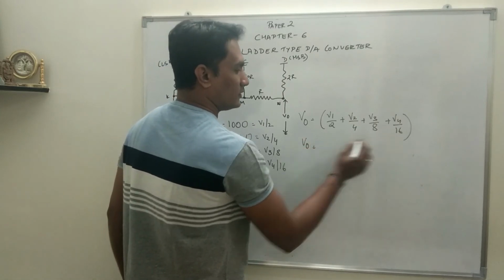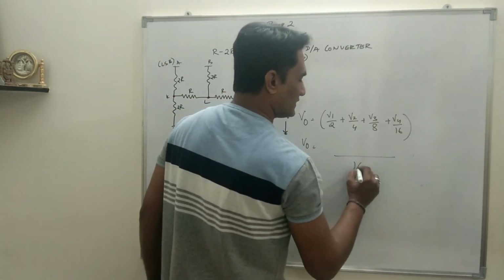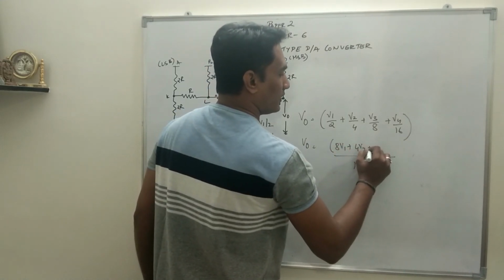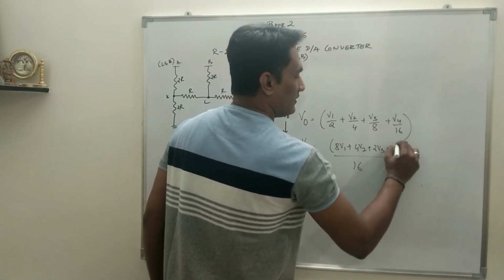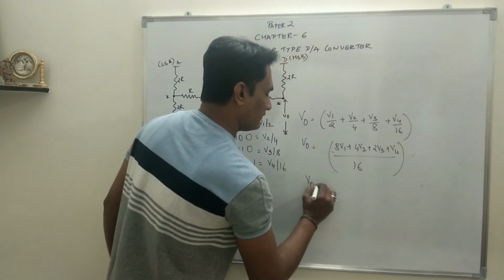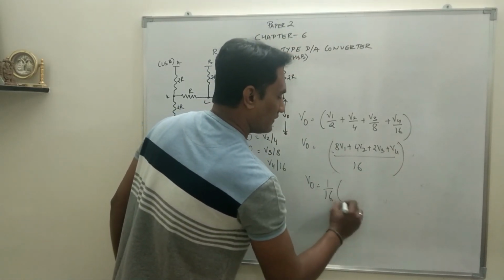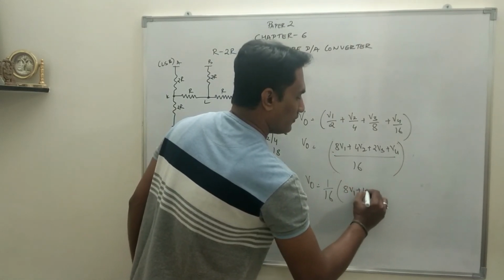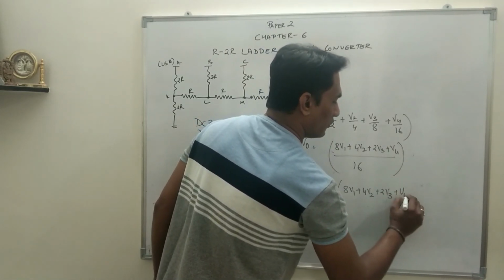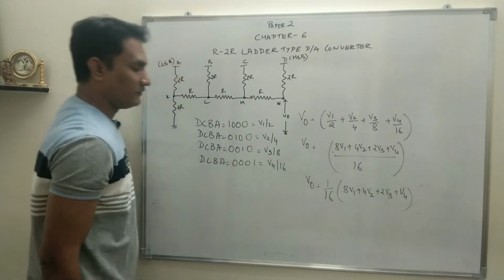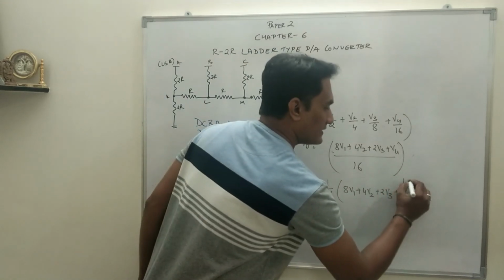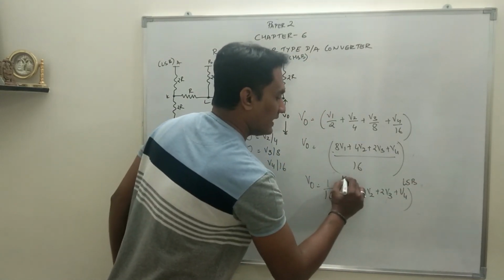If I take 1 by 16 out, the formula will be V0 equal to 1 by 16 times 8V1 plus 4V2 plus 2V3 plus V4. And V4 is the potential when 1 appears at A, and A is LSB. So V4 is LSB, whereas V1 is MSB.